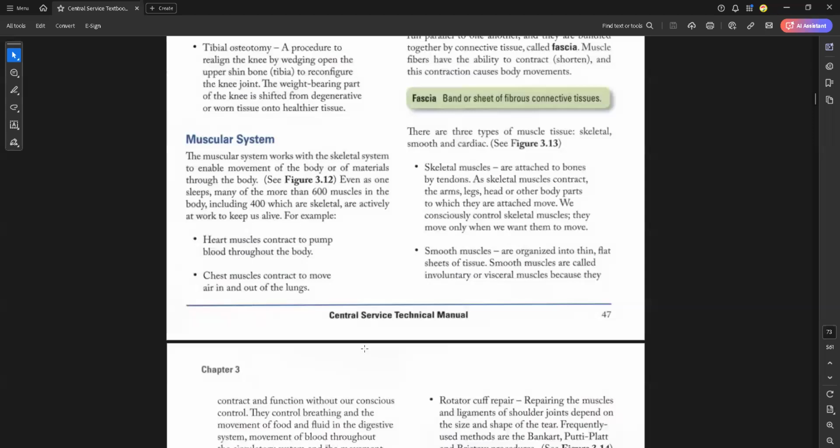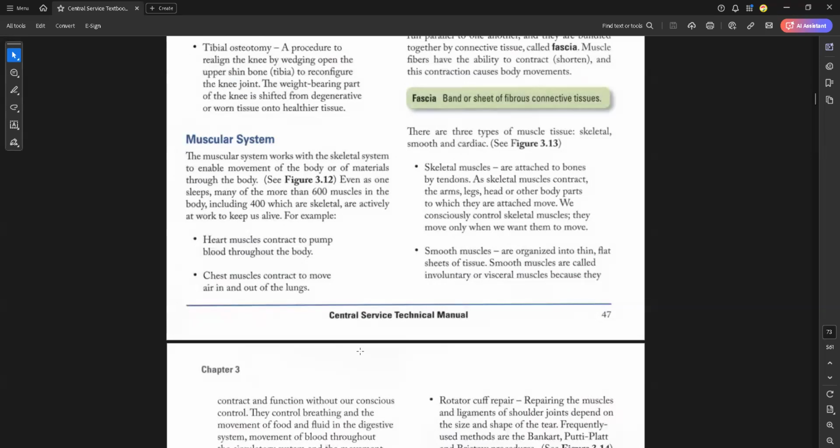For example, heart muscles contract to pump. When we sleep, we are in the dreamland, but the heart is working. What about the chest? The lungs are working. Unconsciously, they are working. We don't instruct them to work, but they are working.